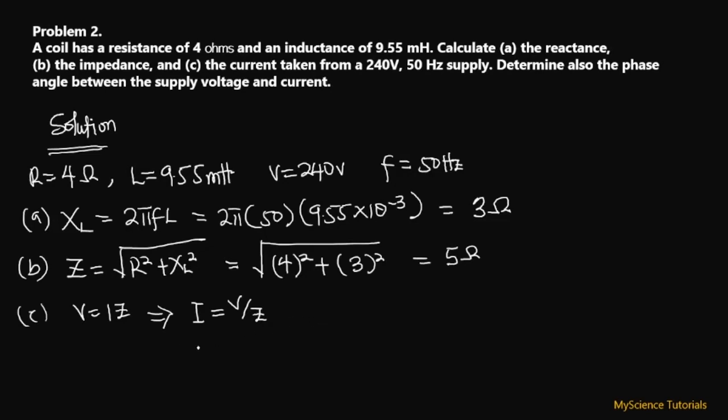So our current is equal to our voltage, 240 volts, over the impedance that we just found, 5 ohms. So our total current that passes through this particular circuit is going to be the ratio of 240 to 5, and that is going to give us 48 amperes.